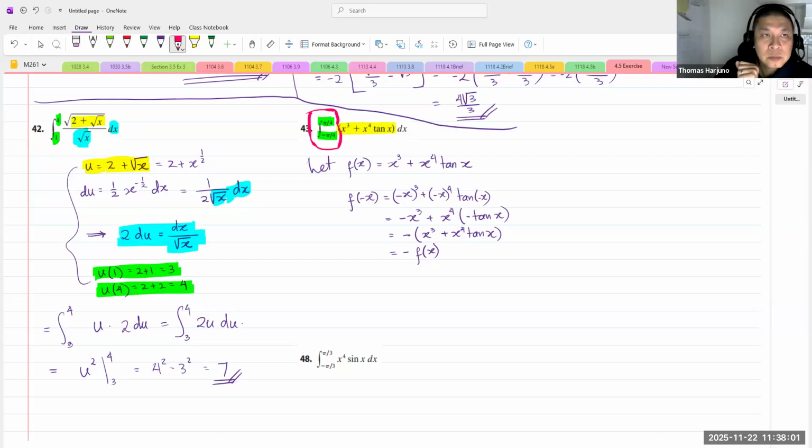Once you have an odd function as the integrand, the integral of an odd function over an opposite domain is 0.